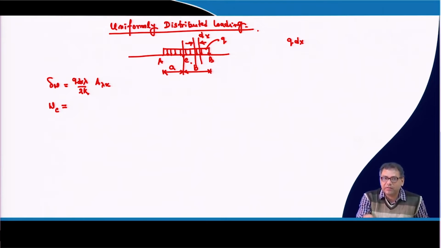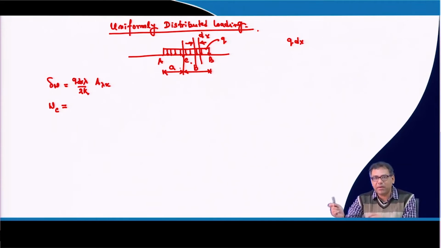Due to these n concentrated loads, I will get the deflection at point C. So, you have to add all the contributions, all the settlement due to each particular concentrated load. For example, at point C there will be a settlement due to n number of concentrated loads: due to load 1 there will be a settlement at C, due to 2 there will be a settlement at C, and due to n there will be a settlement at C.